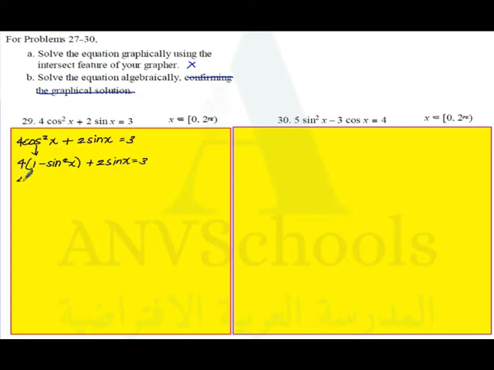And we're left with 4 minus 4 sine squared of x plus 2 sine x minus 3 is equal to 0. And multiply both sides by negative, that would give us 4 sine squared of x minus 2 sine x minus 1 equal to 0.